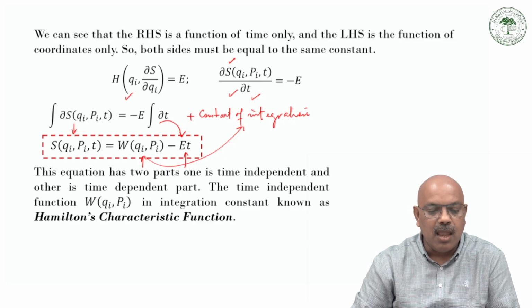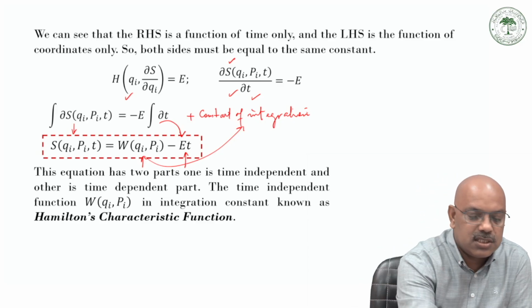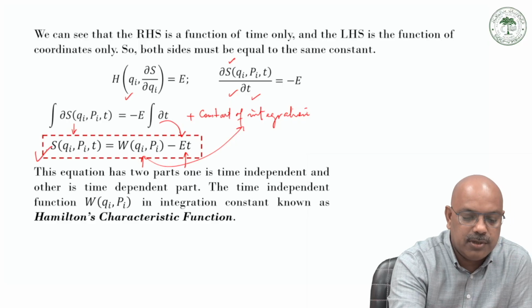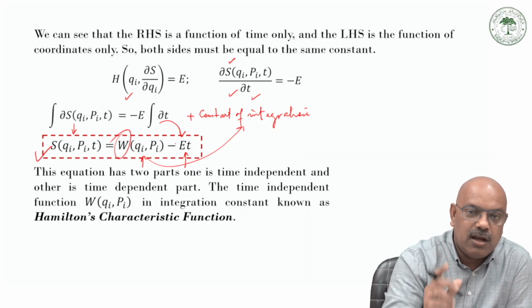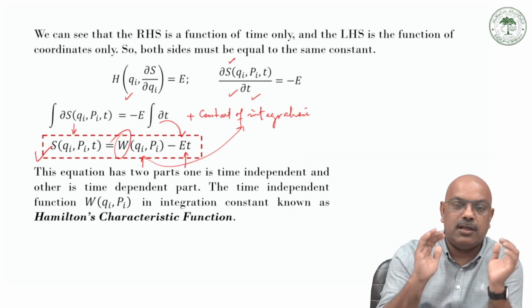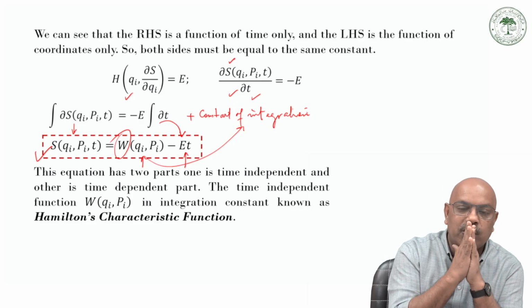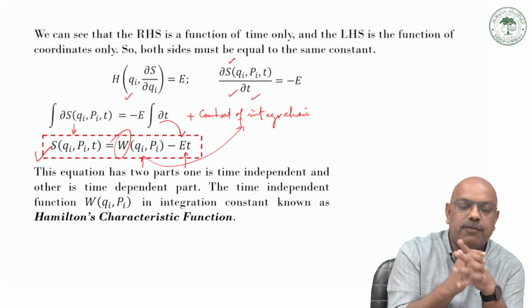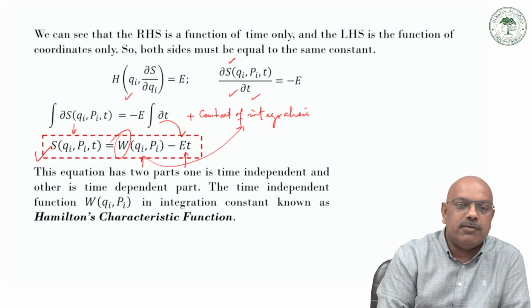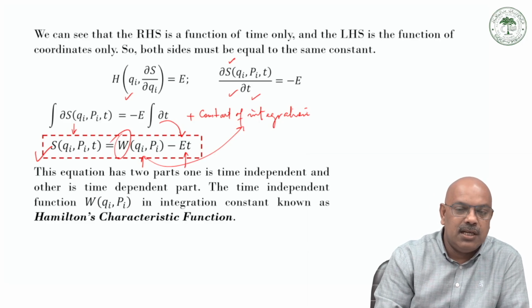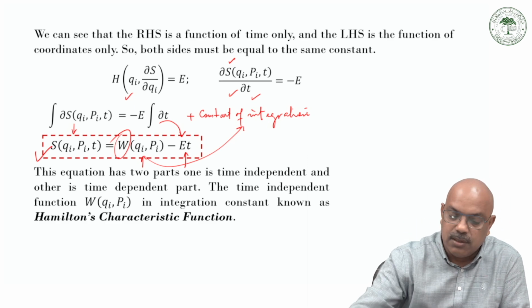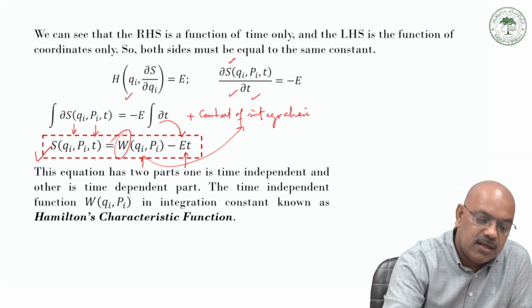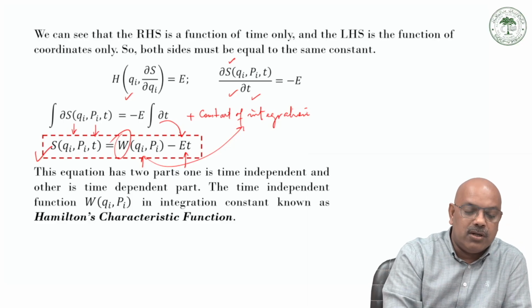Okay, so S is the Hamilton principal function, and this is the Hamilton characteristic function. When the Hamiltonian was not for a conservative system, when it depended explicitly on time, I had a function known as the Hamilton principal function, S, which depends upon time and contains all the information about the system.